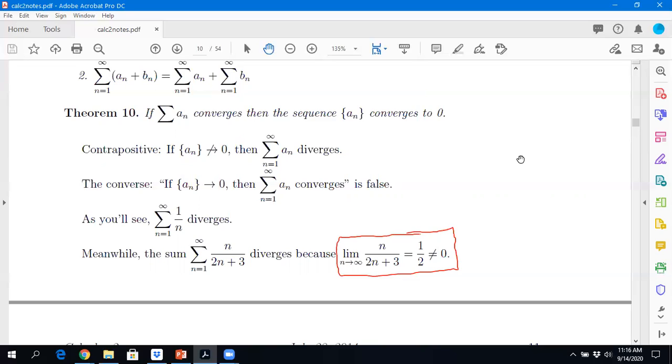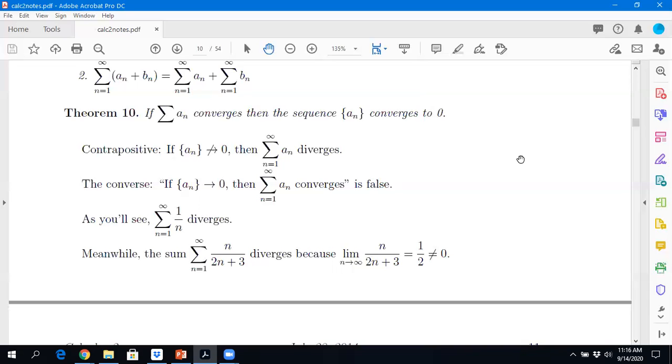Okay. All right, so please, don't forget this is called the Nth Term Test. If the terms don't go to 0, you immediately conclude divergence, and that will probably be sort of in the hierarchy of tests that you use.